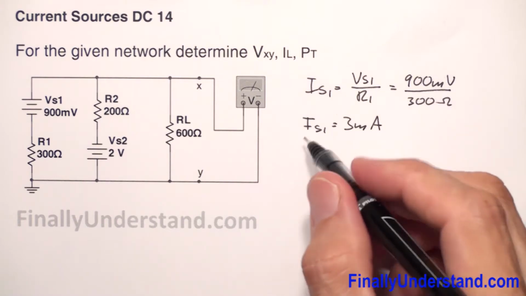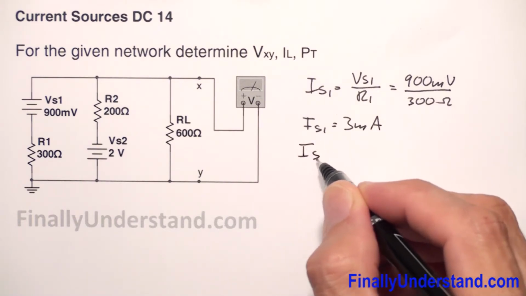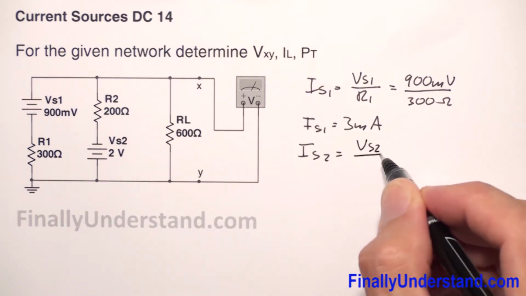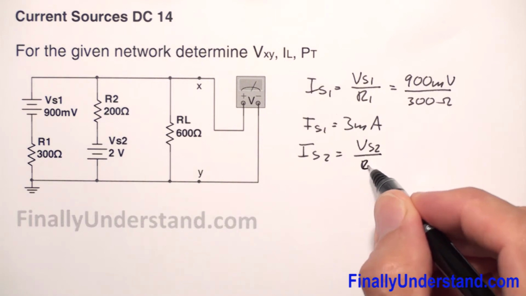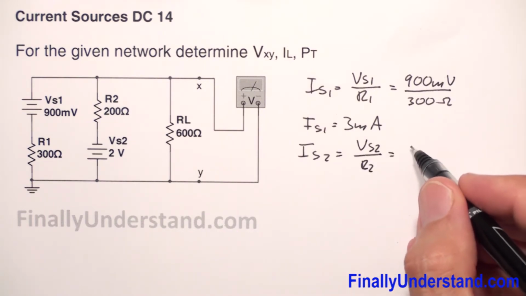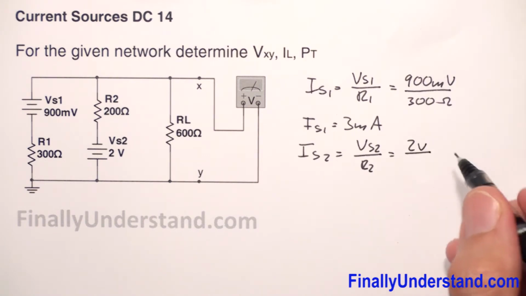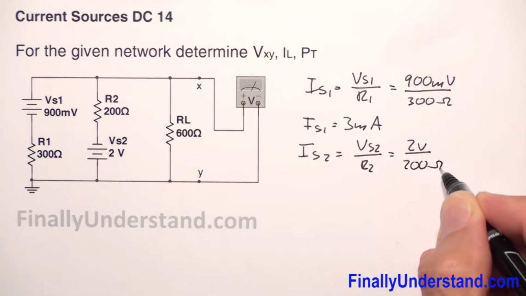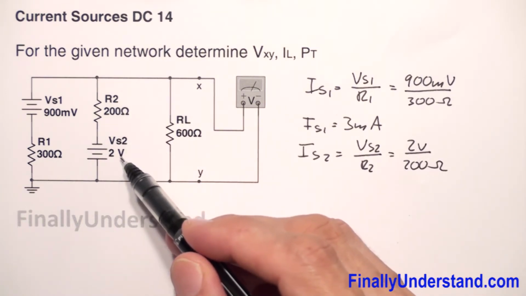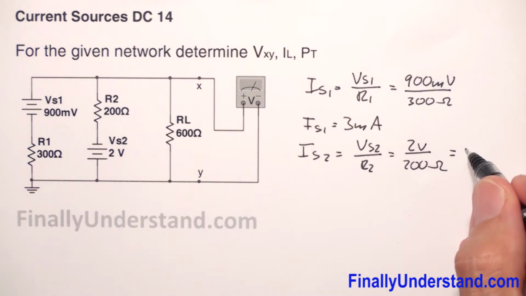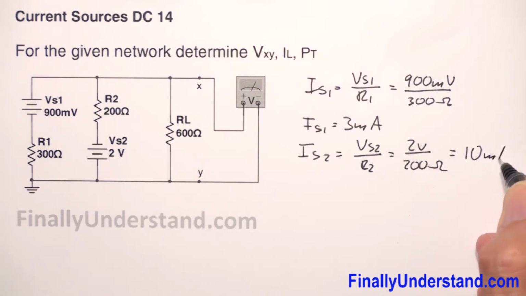Okay, so I source 2 is equal V source 2 over R2. V source 2 is equal 2 volts over R2, which is equal 200 ohms. 2 volts divided by 200 ohms. So this is equal 10 milliamps.